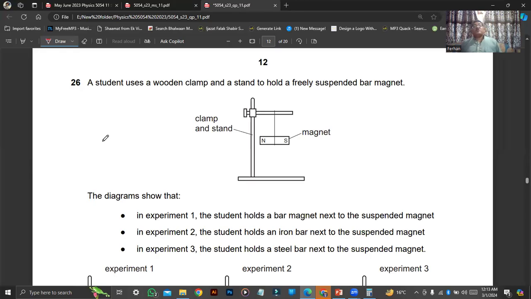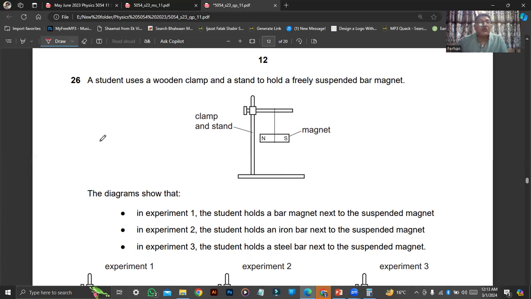In experiment number 2, the student holds an iron bar next to the suspended magnet. Because iron is a magnetic material, it will attract this magnet, so this magnet will move. In experiment number 3, the student holds a steel bar next to the suspended magnet. Because steel is also a magnetic material, this bar magnet will be attracted to that steel bar, so this magnet will move.